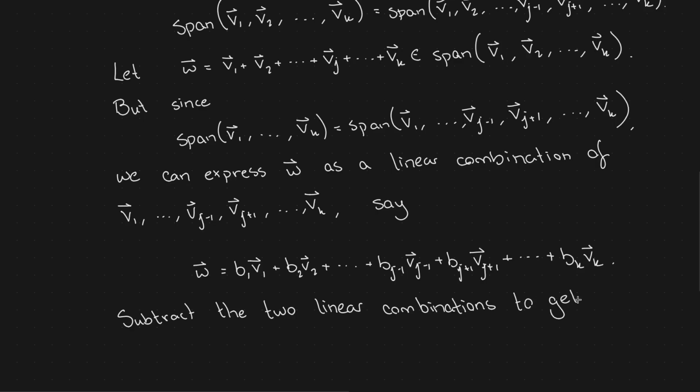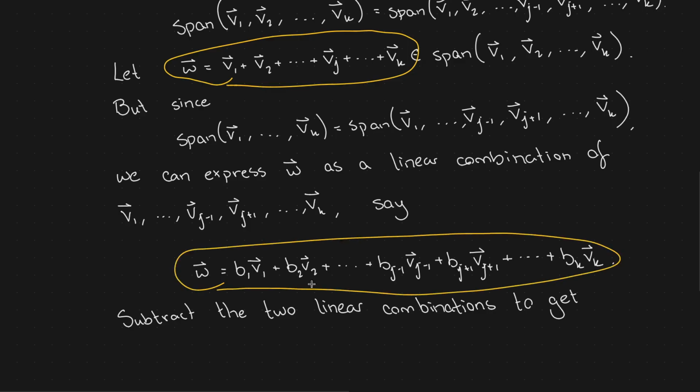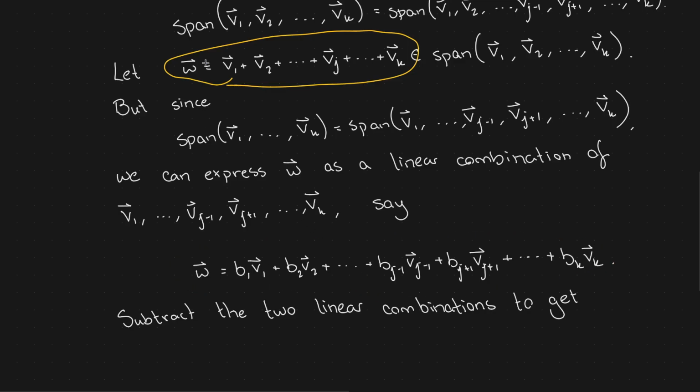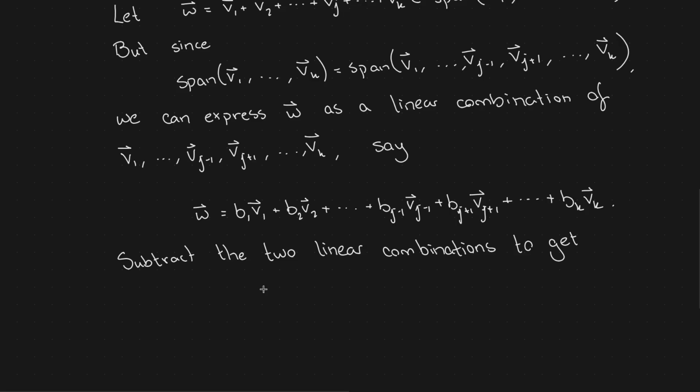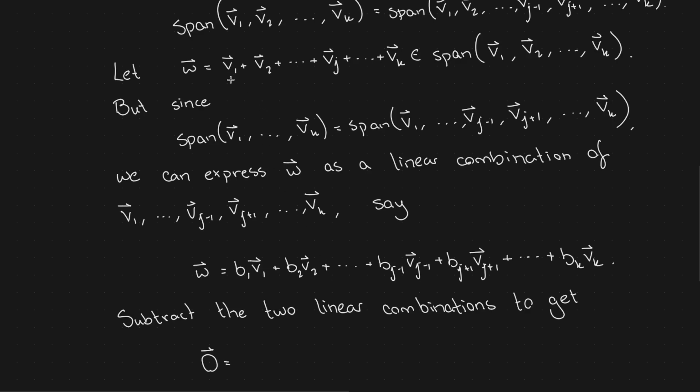So now I'm going to take this and I'm going to subtract this, okay? Now on the left-hand side, vector W minus vector W is the 0 vector. On the right-hand side, subtract corresponding terms.